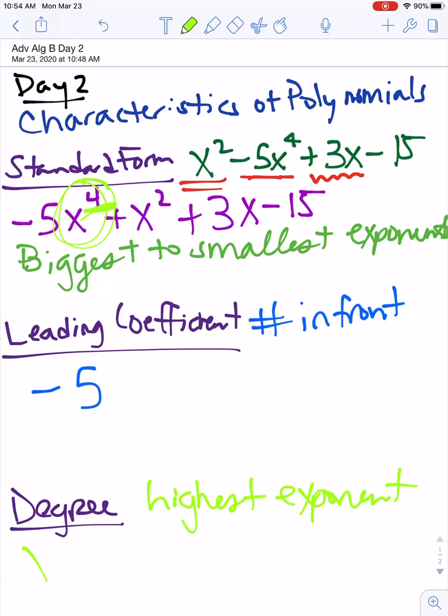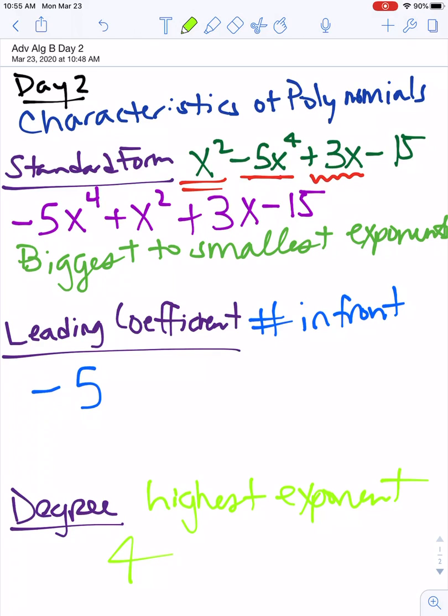So that 4, x to the 4, is our biggest term. So then our degree would be 4. All right, so our degree is 4. That's our biggest power of x. So that's our degree. So again, those are the 3 main things that you're going to need to know.